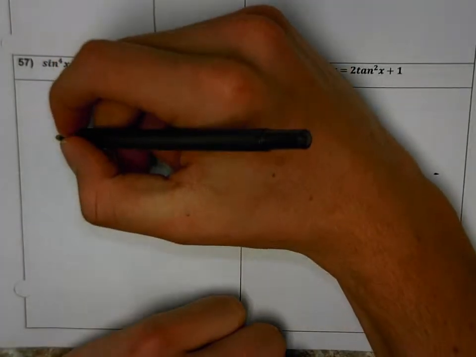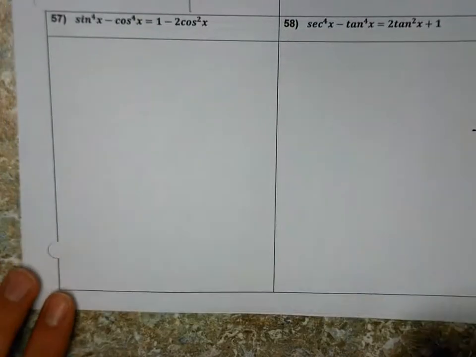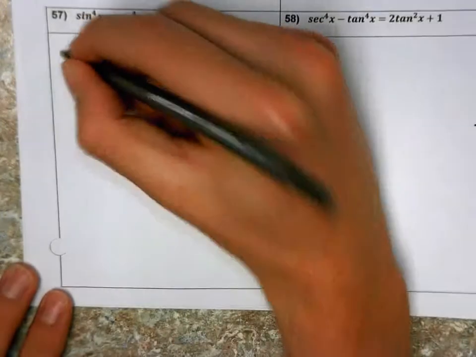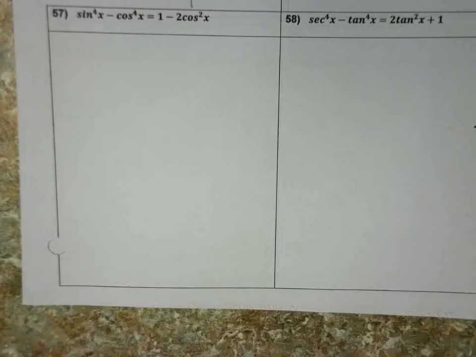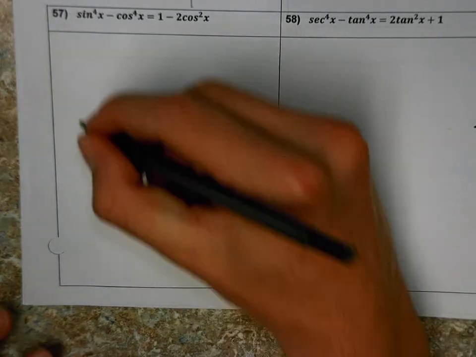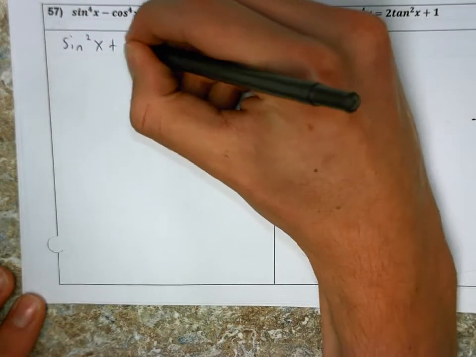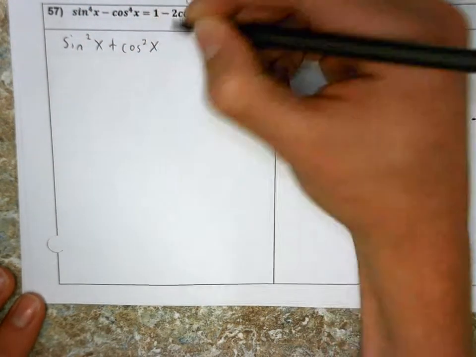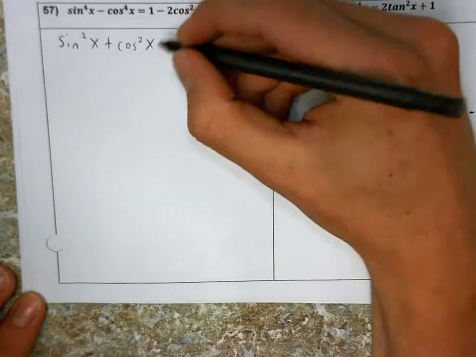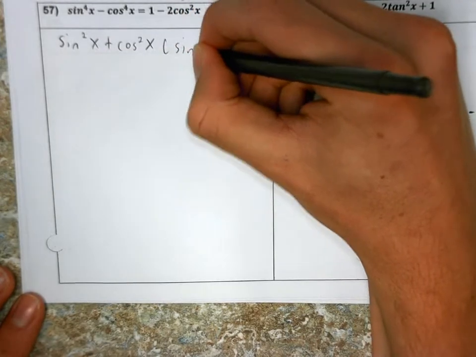It'll get a little harder from here on out, so make sure you focus. Right. For this question, we have to reference back to what we have learned at the beginning of the semester. So it's factoring, and we can factor sine to the fourth x minus cosine to the fourth x into sine squared x plus cosine squared x, and then that.